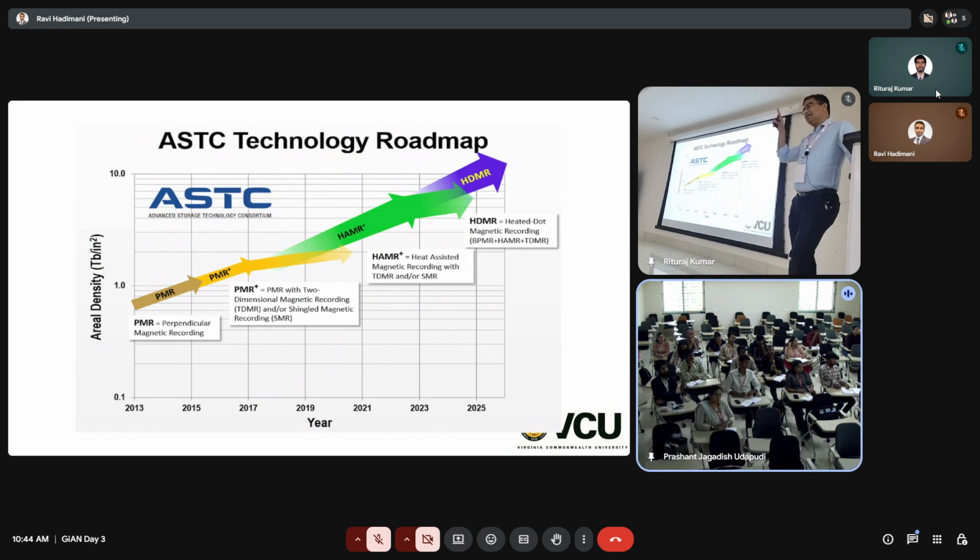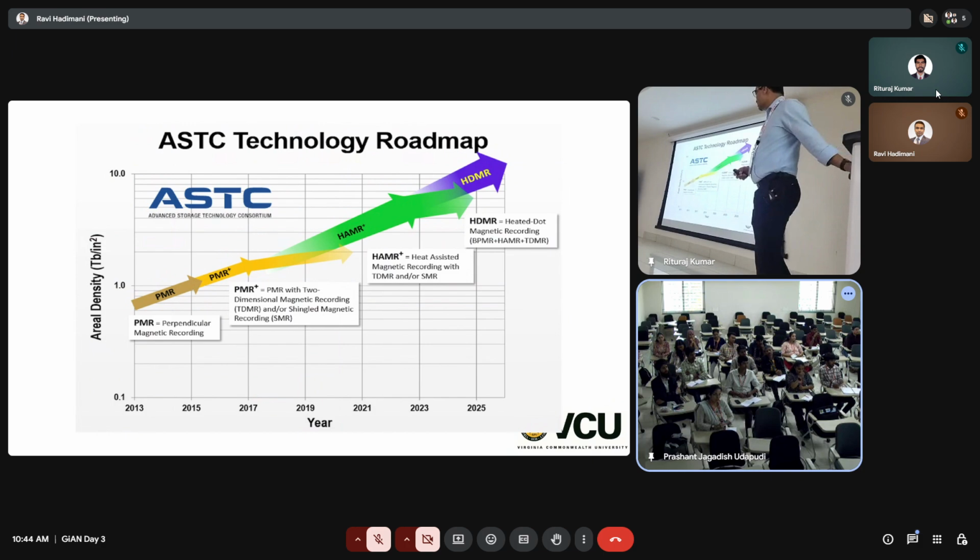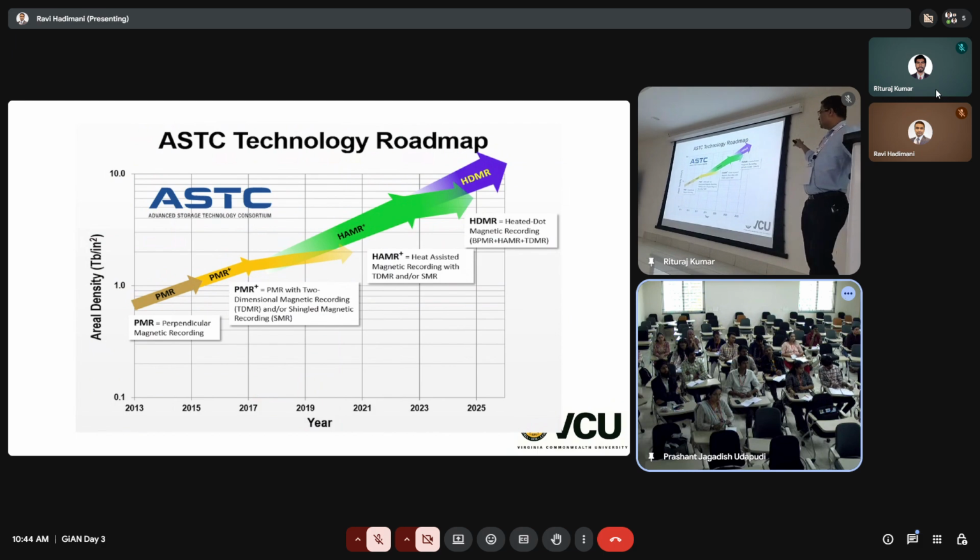So although it has reduced a little, it has plateaued. The number of hard disks shipped per year is saturating now, because people are not using hard disks at the consumer level, but the data centers are. So it has plateaued because of SSDs.